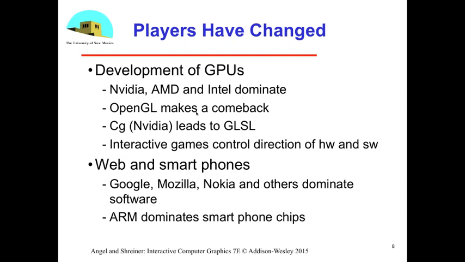Now those committees are really controlled by companies like NVIDIA and AMD and Intel, which make the GPUs. One good part of this is that OpenGL made an incredible comeback and is now pretty much the most widely used standard, because it will run on everything. You don't have to have an Intel PC architecture to do it.